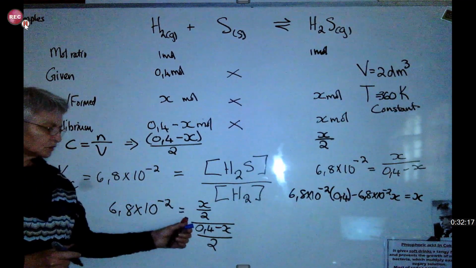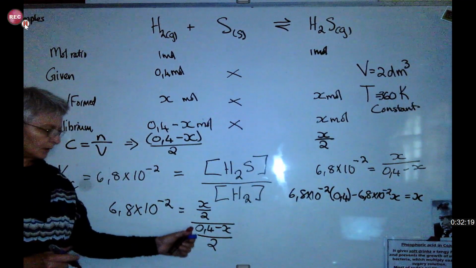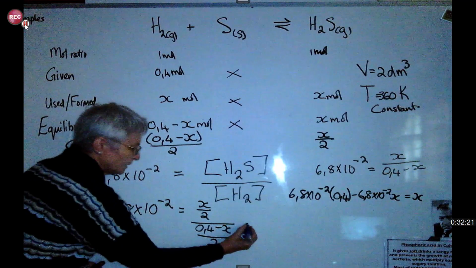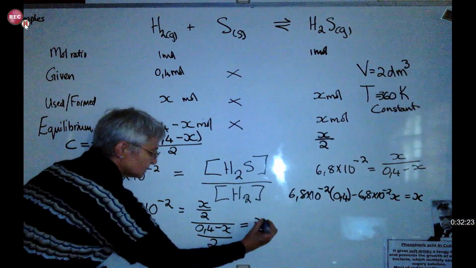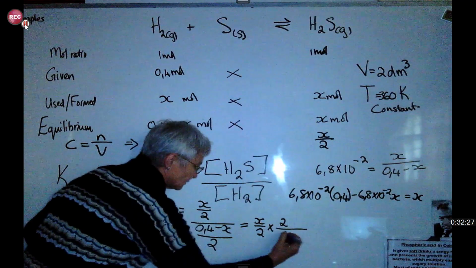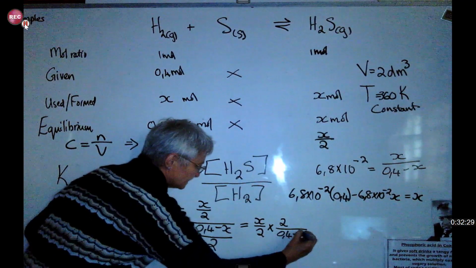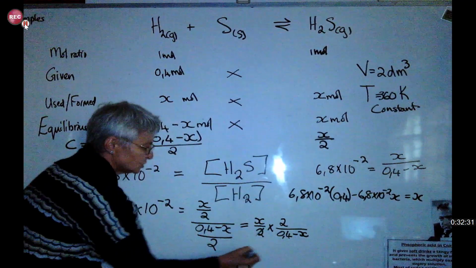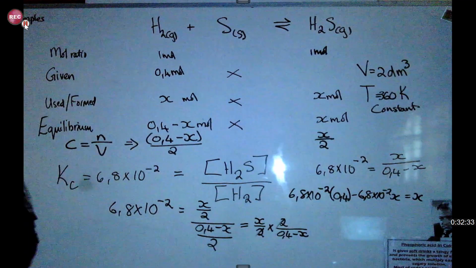Let me write it better so my video candidates can see. Will this not change to x over 2 times 2 over 0.4 minus x? So this 2 cancels that 2.